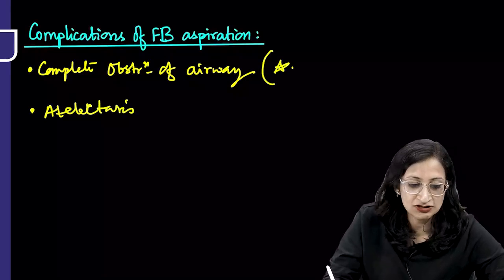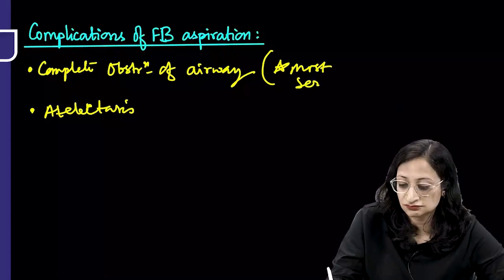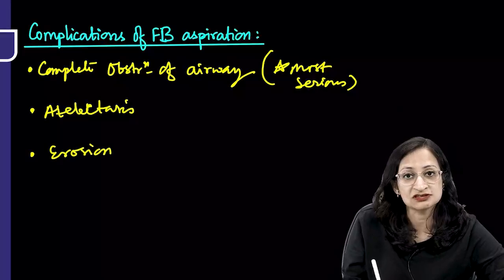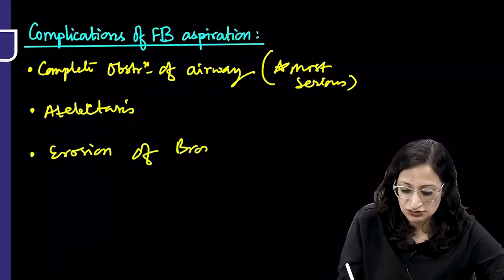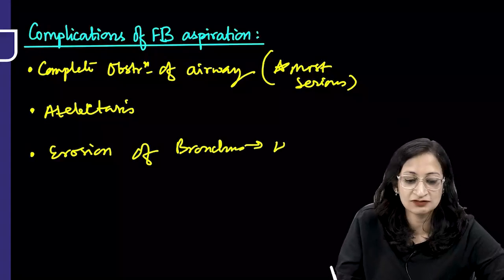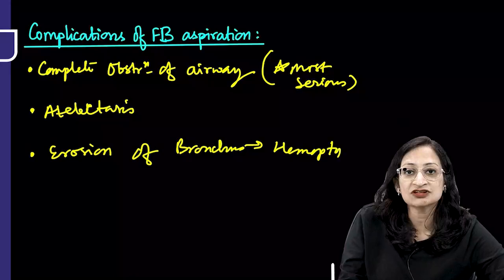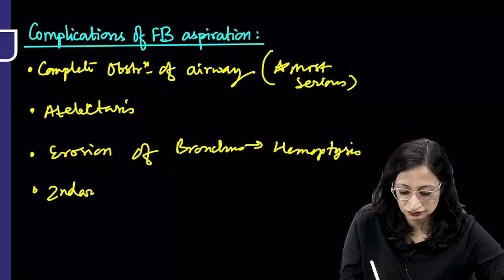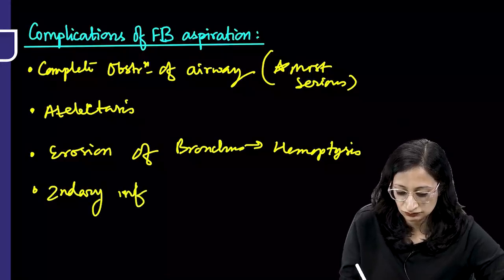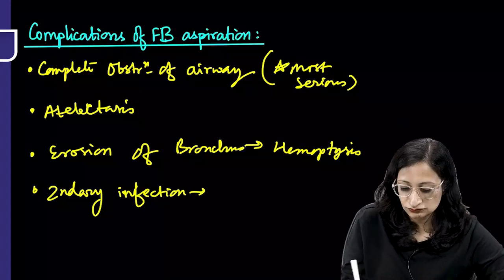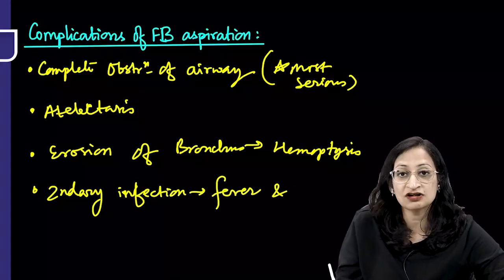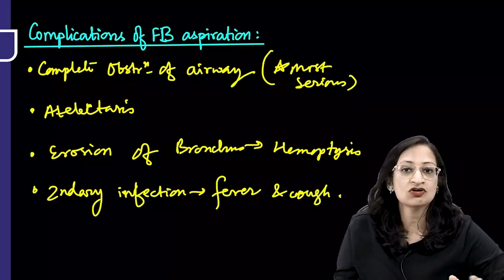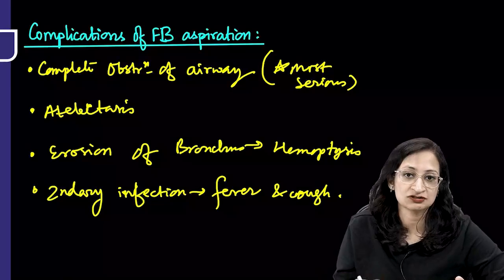Erosion of the bronchus can give rise to hemoptysis, and secondary infection can give rise to fever and cough. So, these are the complications of foreign body aspiration.